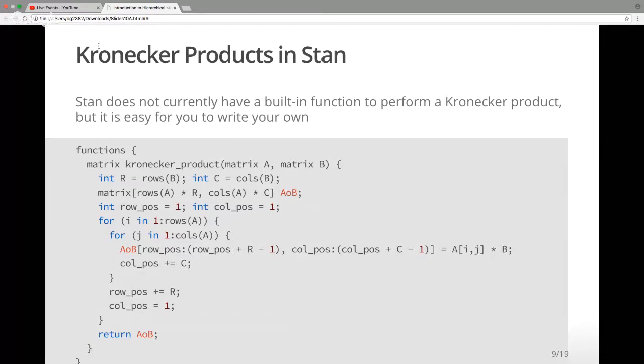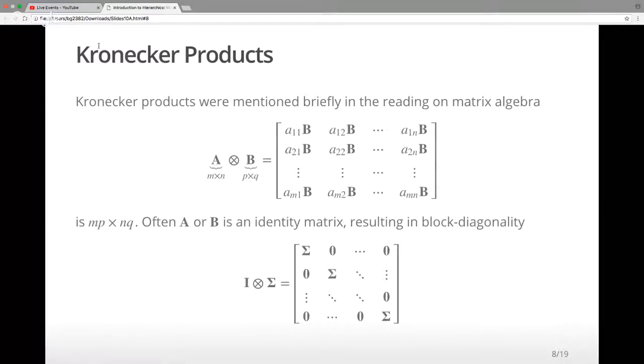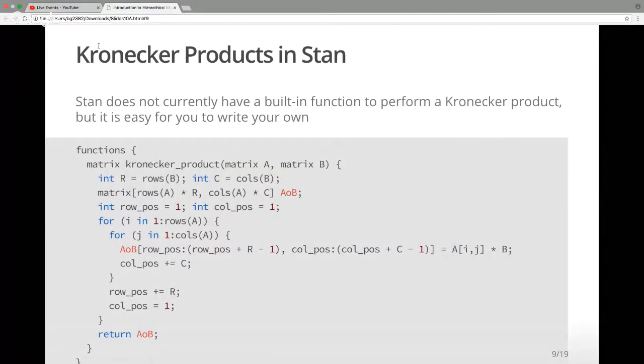But you just loop over the rows of A, loop over the columns of A, and you stick into the corresponding block of the matrix that you're going to return at the end.